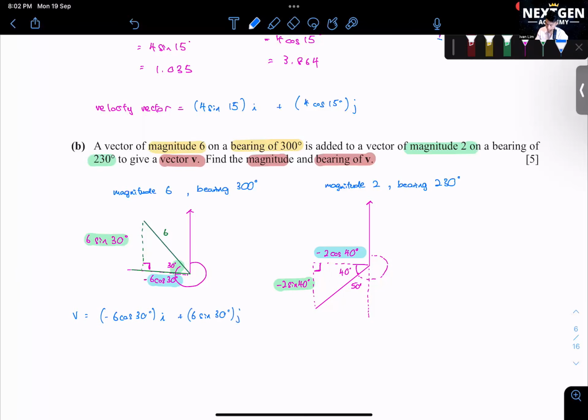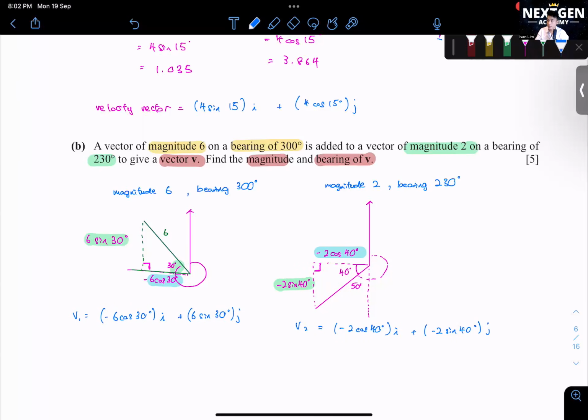But we don't have to keep writing it out. My vector 2 is negative 2 cos 40 degrees i, we just put plus negative 2 sine 40 degrees j. This is what it means.